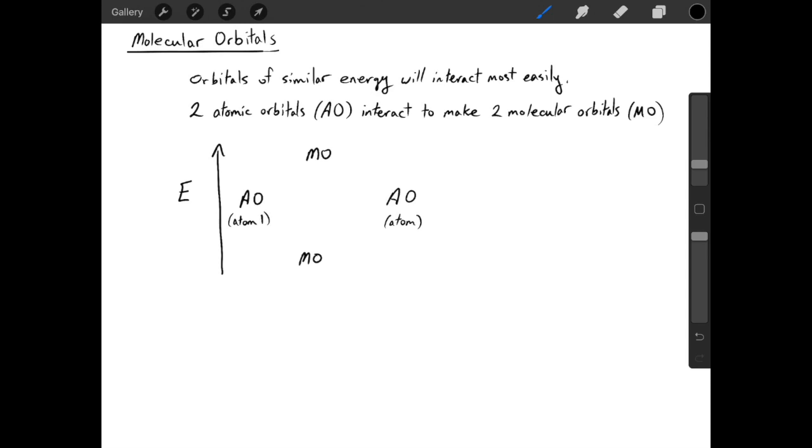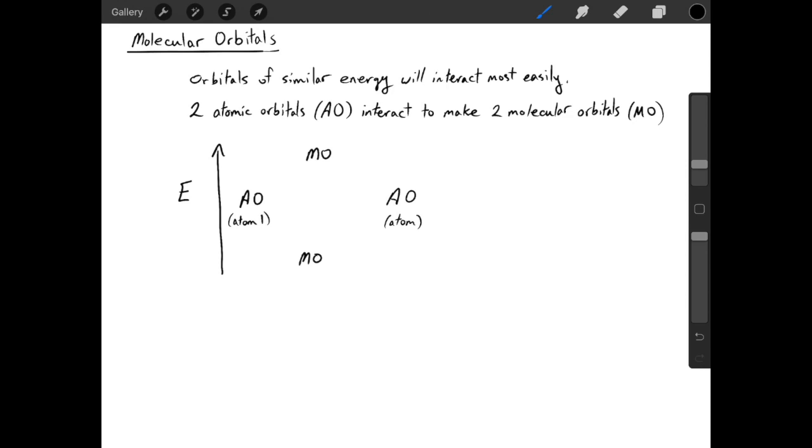So the way it works is when you make molecular orbitals, one molecular orbital will be higher in energy than the atomic orbitals, and one will be lower in energy. And the reason this happens is because your atomic orbitals can be represented by wave functions.